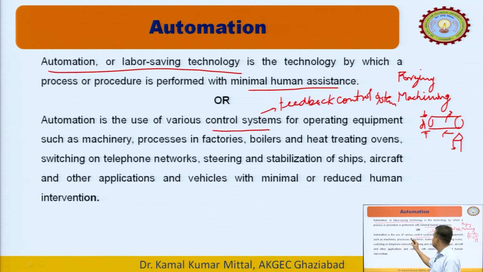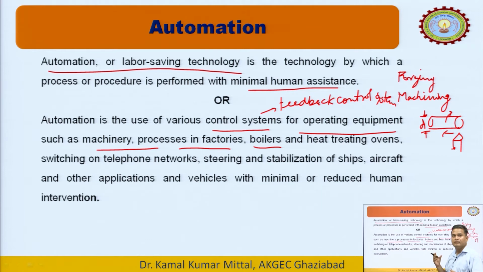So automation is the use of various control systems for operating equipment such as machinery, lathe machine, milling machine or some other machine for commercial purposes. Some machinery like cranes, locomotive purposes, processes in factories, boilers used to generate steam, heat treating ovens, switching on telephone network, steering system, stabilization of ships.